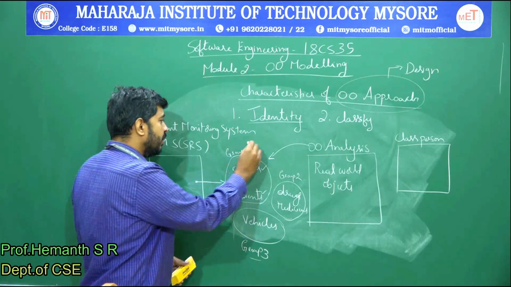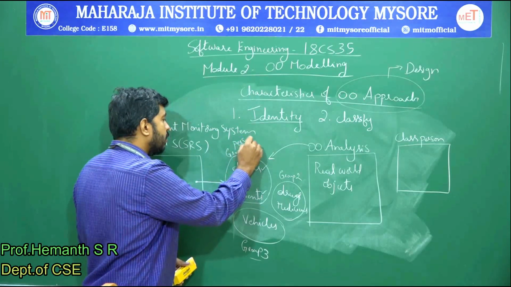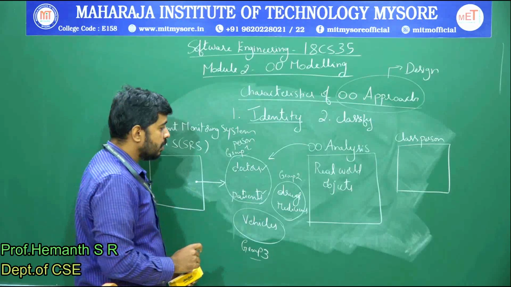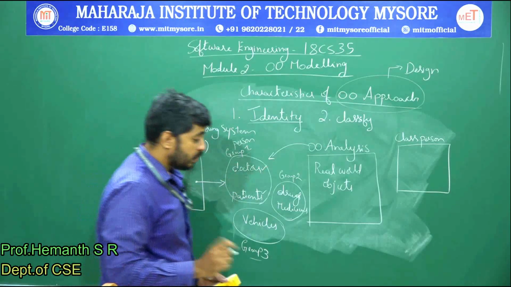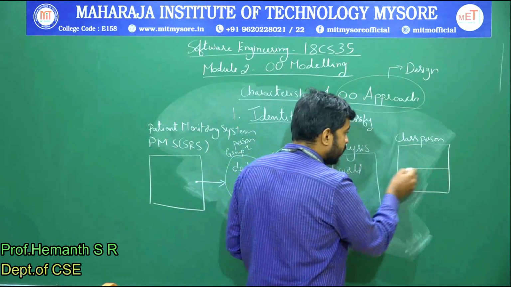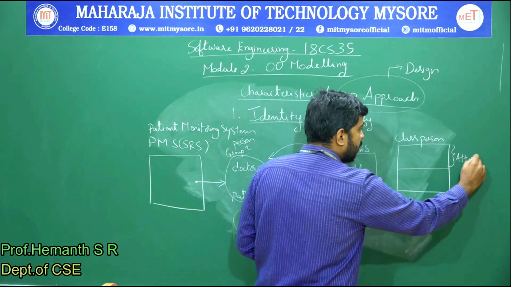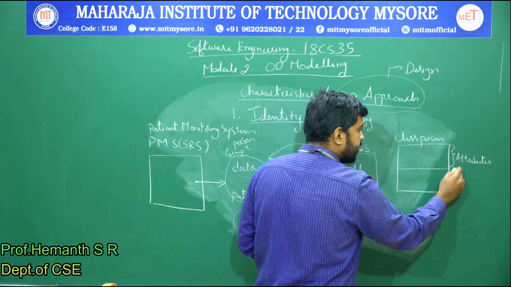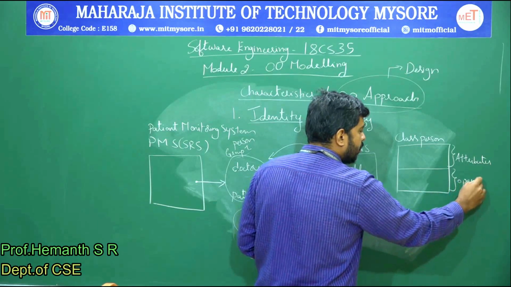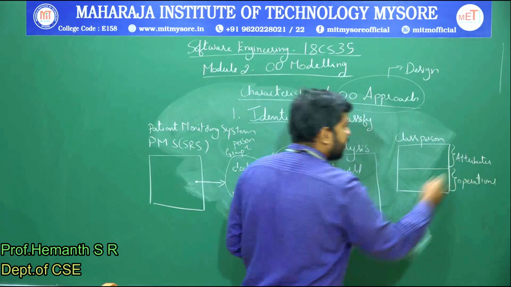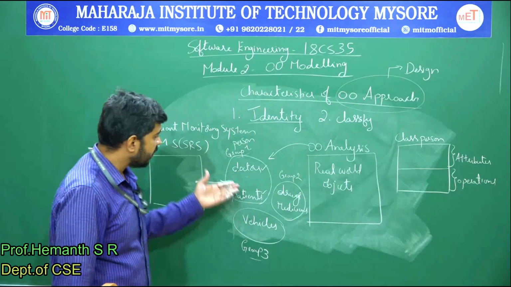So group 1 is under class person. Now each class will have what are called attributes and a few operations.